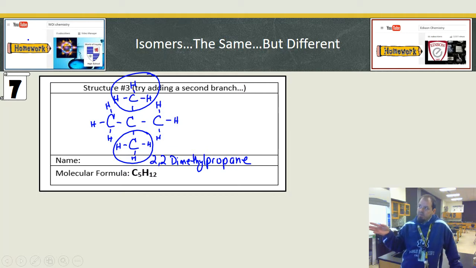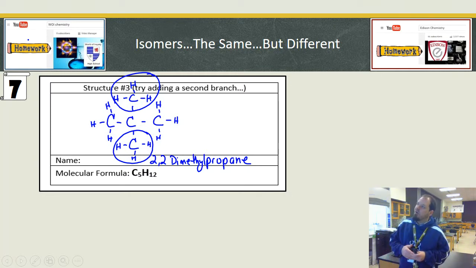Notice in today's example, I started out with single bonded carbons, so I have to stay single bonded throughout the process of making isomers of that particular pentane. If I had pentene, I could move the double bond, but there would have to be a double bond at all times. I can't add bonds. Adding bonds will ruin the whole thing because that will change the number of hydrogens.